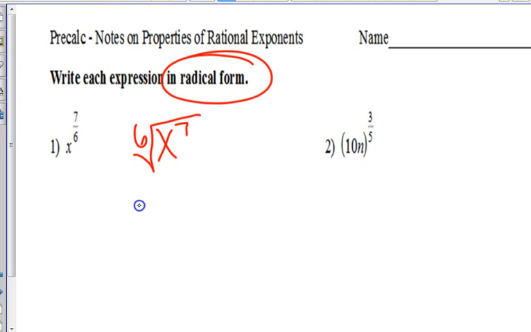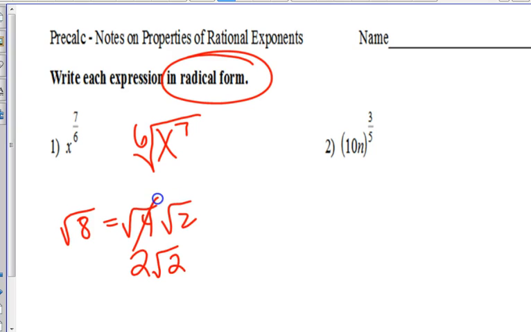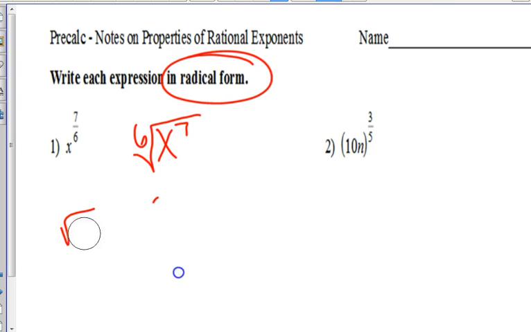Now, because we're in Precalc, we're going to talk about the fact that you have to simplify that. When you have the square root of 8, you say that's really the square root of 4 times the square root of 2, and the square root of 4 is 2, so you wound up with 2 square root of 2. Remember doing that stuff? And you didn't enjoy it then either, right?